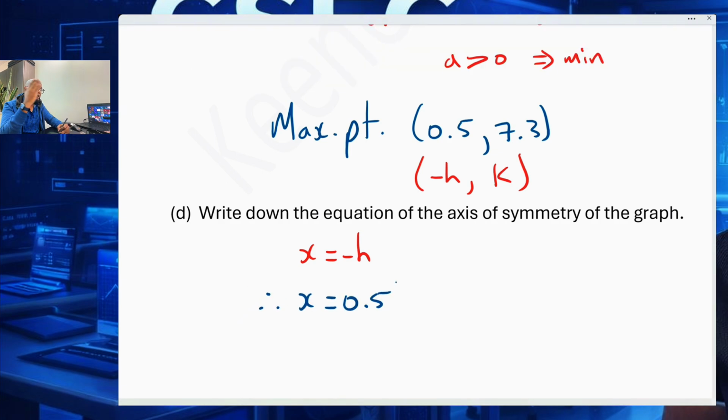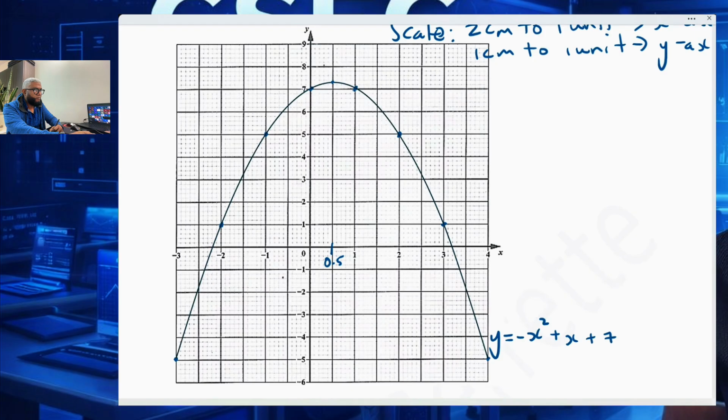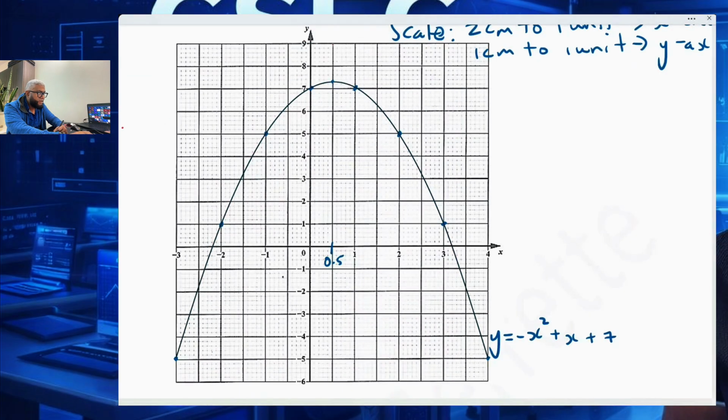You don't even have to scroll up and watch the graph or even draw the axis of symmetry, right? But let me just give you all a visual on it, right? The axis of symmetry is simply a line coming through the center of your curve, and this here is passing through where x is 0.5. So the equation would be x is equal to 0.5.